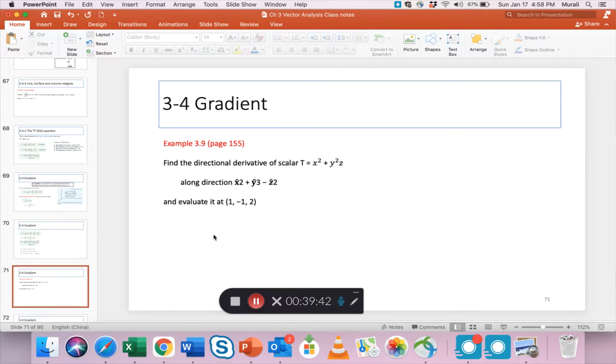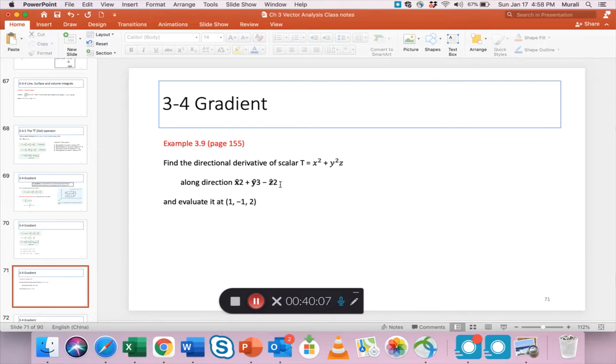Then you do dt by dl, which is the directional derivative, as again the scalar product of del t, which we just did, and a dot product with the unit vector in the given direction.